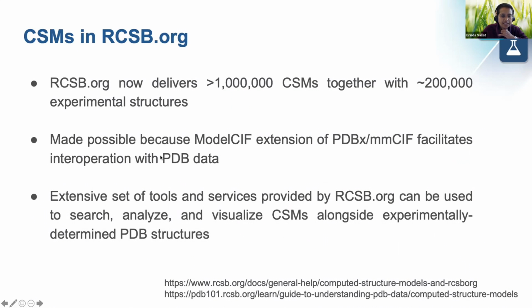This was made possible because ModelCIF, which is an extension of PDBx/mmCIF, facilitates interoperation with PDB data. The extensive set of tools and services provided by RCSB.org can be used to search, analyze, and visualize computed structure models alongside experimentally determined PDB structures.